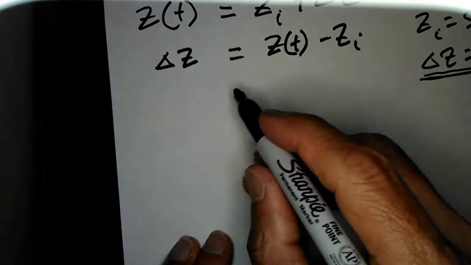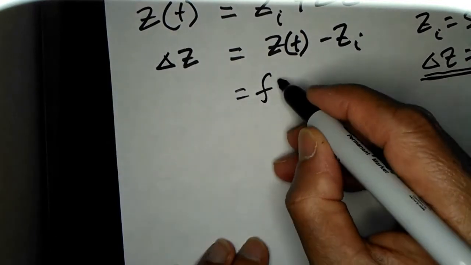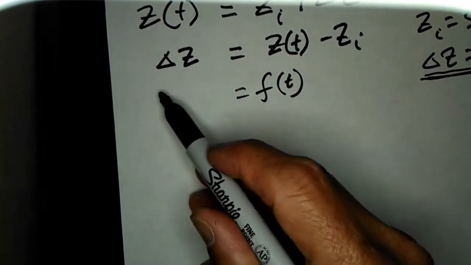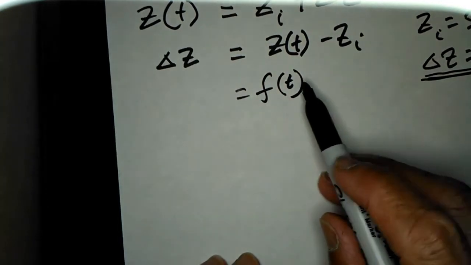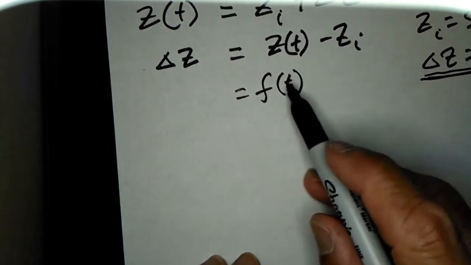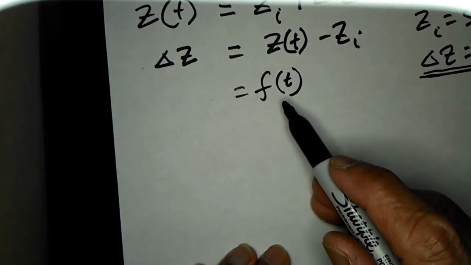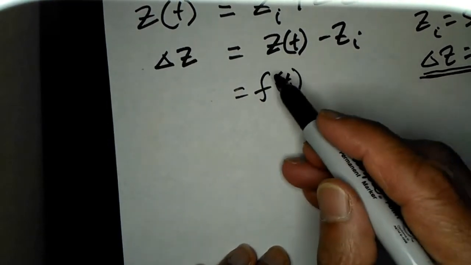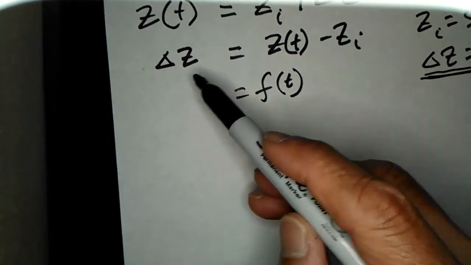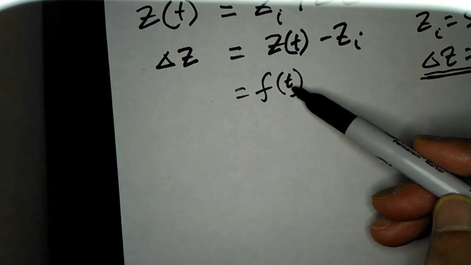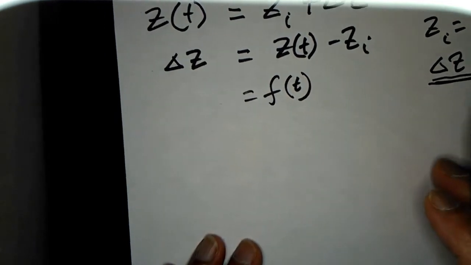So delta z is only a function of t. Delta z doesn't depend on anything else. It doesn't depend on where I started from. It only depends on how long the object has moved. The fact that delta z doesn't depend on where I start or what time I start has a fancy name.